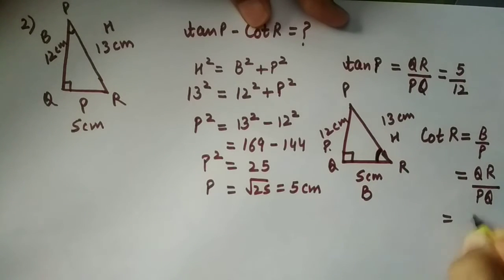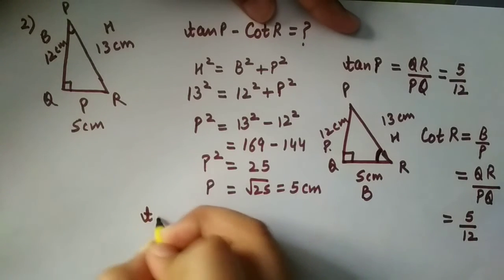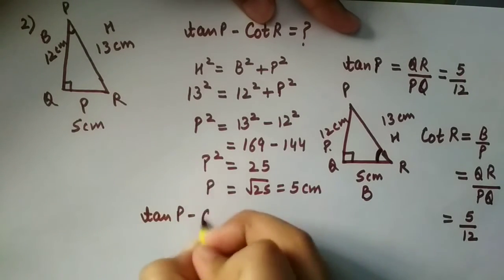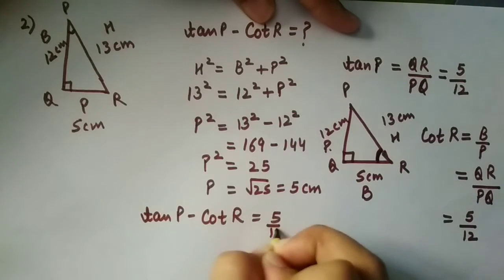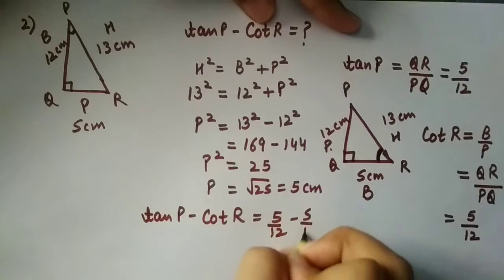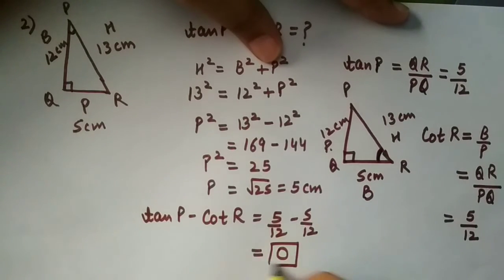QR is 5 and PQ is 12. So we know the values of tan P and cot R. Now we had to find tan P minus cot R, that is 5 by 12 minus 5 by 12. So it is 0. So our answer is 0.